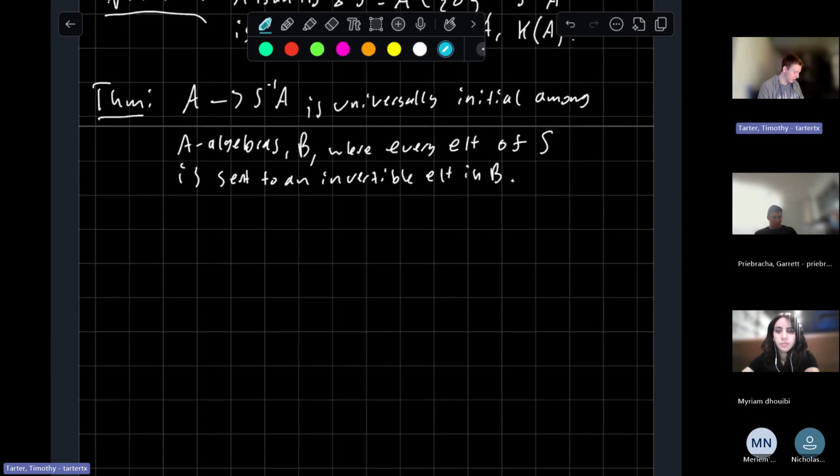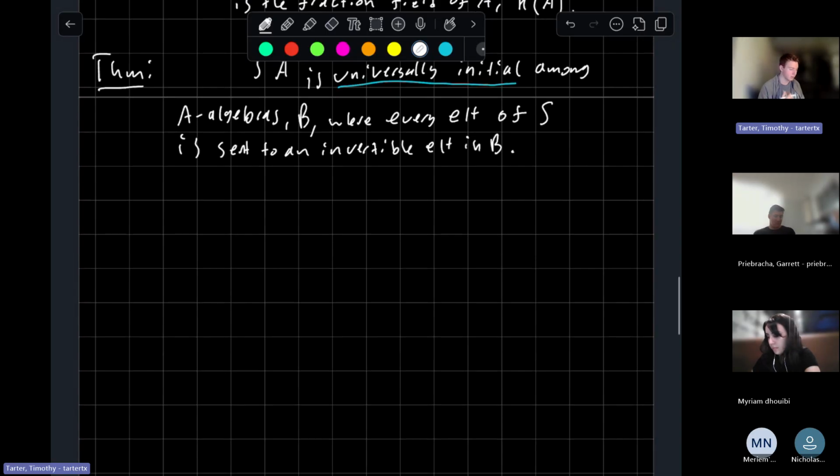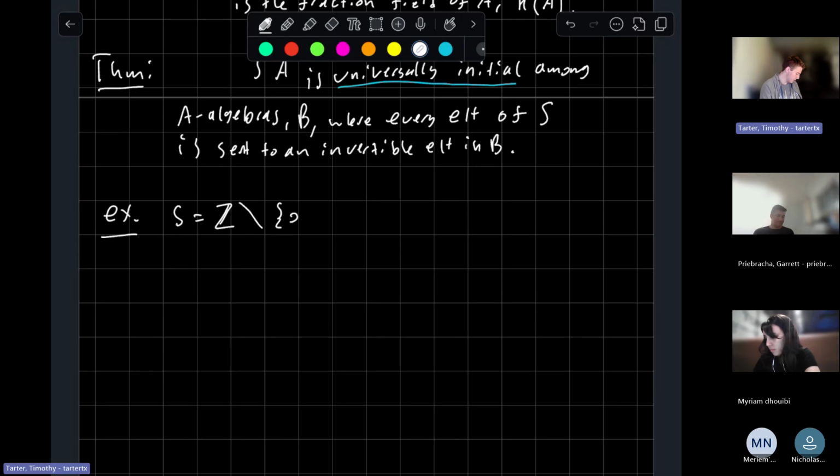Universally initial means that S inverse A is universally initial. S inverse A has a mapping to every A algebra. So any A algebra that you can make, S inverse A for the specific A gets sent there. And just as an example, consider S is equal to Z minus the zero set.